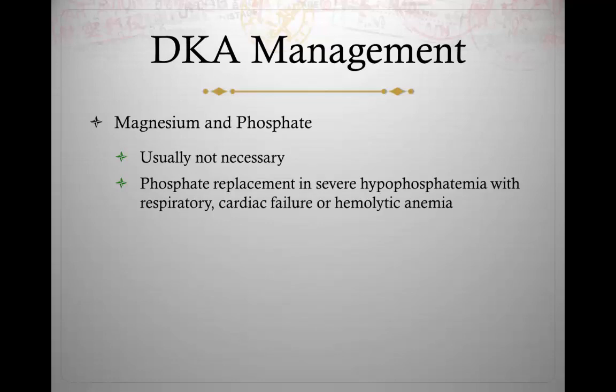Magnesium and phosphate as well is usually not necessary. Okay, so if the serum phosphate is less than 0.32 millimole per liter or 1 milligram per deciliter, then you could consider giving phosphate supplements as well as calcium.